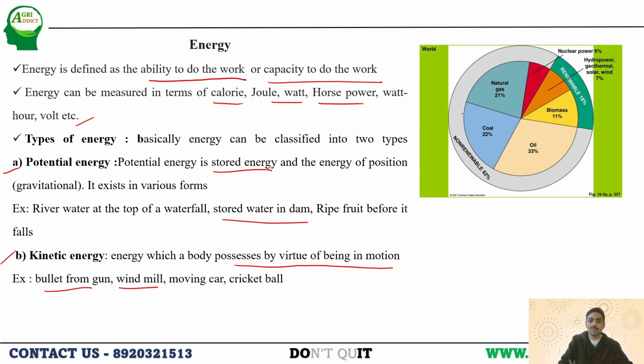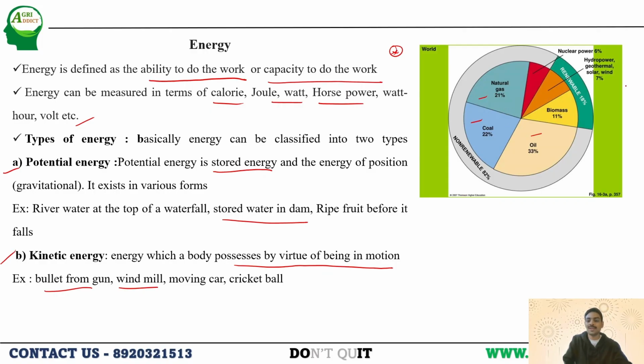Now, please look into this particular graph. The data is very important. Worldwide, non-renewable energy consumption is around 82%, meaning that much is used as an energy source, and only 18% comes from renewable sources. The majority is occupied by oil at 33%, coal 22%, and natural gas 21%.